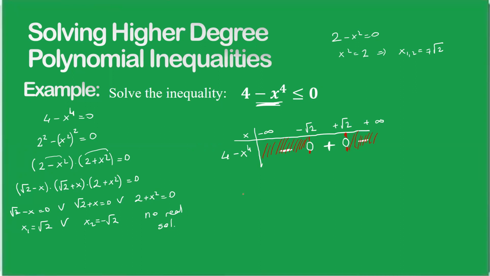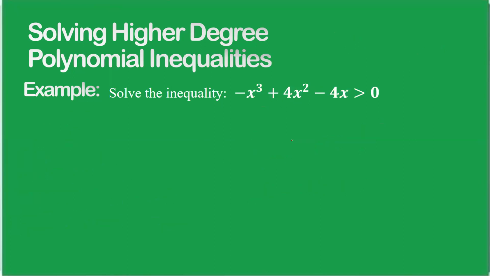So let's write x element of from minus infinity to minus square root of 2, union, and here from square root of 2 to positive infinity. Okay, let's go on. The next: again x cubed, this time greater than 0, but here we have minus x cubed.